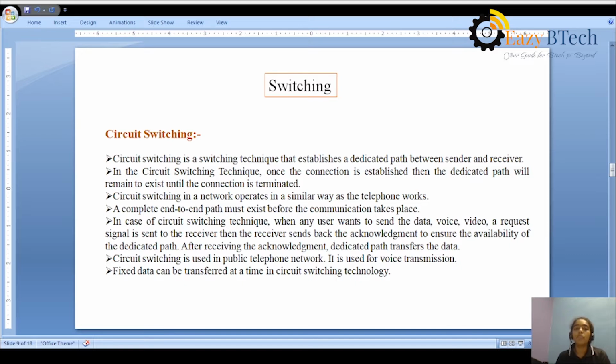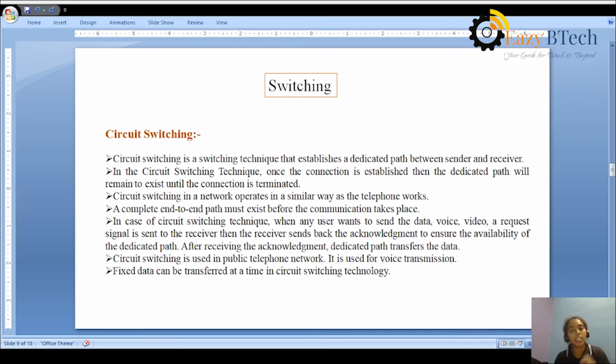Circuit switching is a switching technique that establishes a dedicated path between sender and receiver. It is one type of technique to establish one physical channel, or we can call it a dedicated path, between sender and receiver.